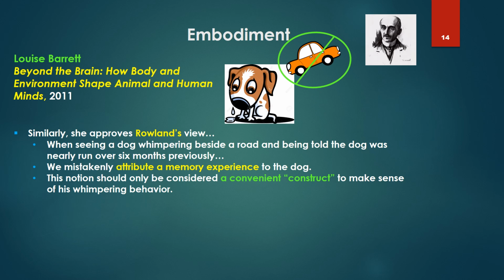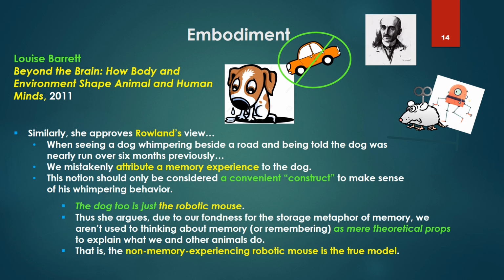In other words, there's no image of the car nearly running over the dog, no memory image of that experience whatsoever. That's merely a convenient construct that explains his, I guess, Pavlovian conditioning. That's probably the true model here. So the dog, too, in Louise's conception, is just the robotic mouse.